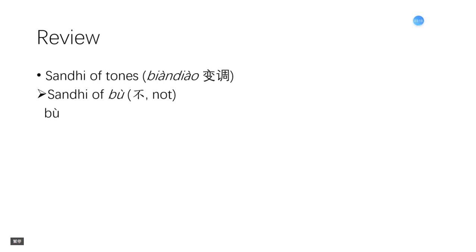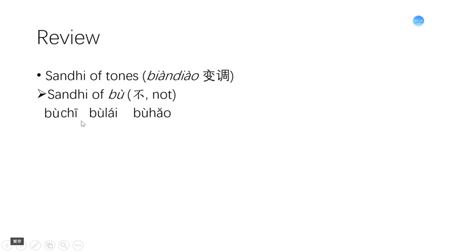So if bu is pronounced alone, bu is a fourth tone syllable. And if bu is placed before a first tone, second tone, and third tone syllable, there's no change in tones.